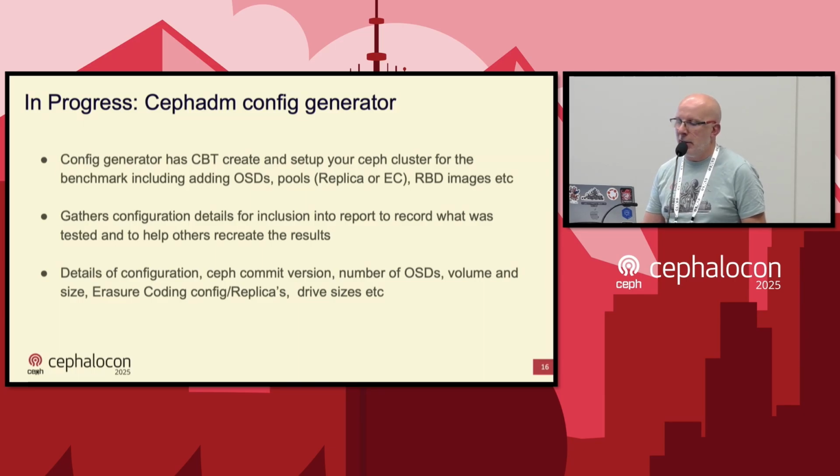And this gathers the details for inclusion into the performance report, so you can actually show what's been tested and help others recreate what was run in the performance report. So it includes details in the configuration such as the Ceph commit version, the number of OSDs, the volume size, and the erasure code or replica config and so forth.